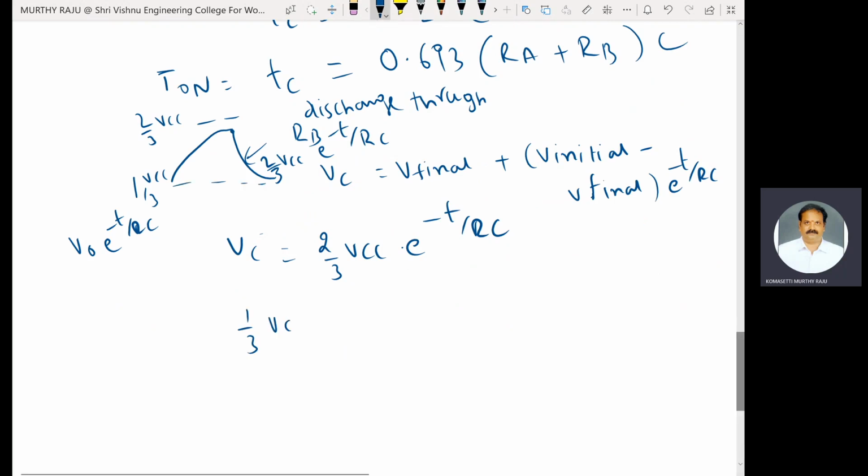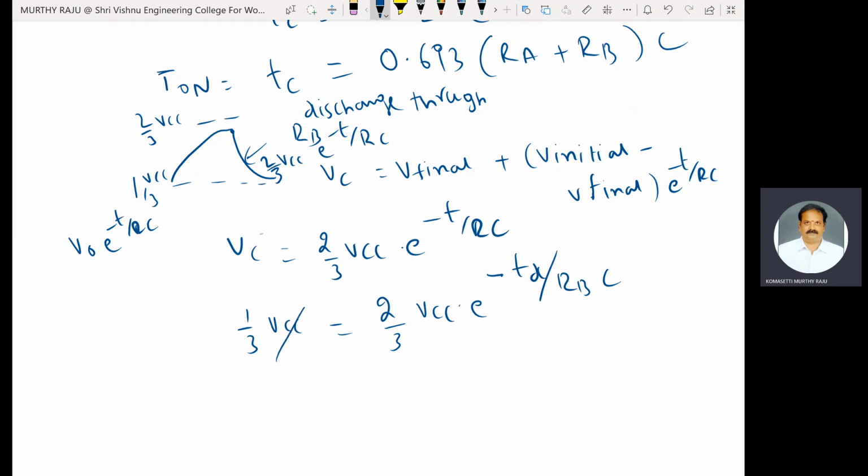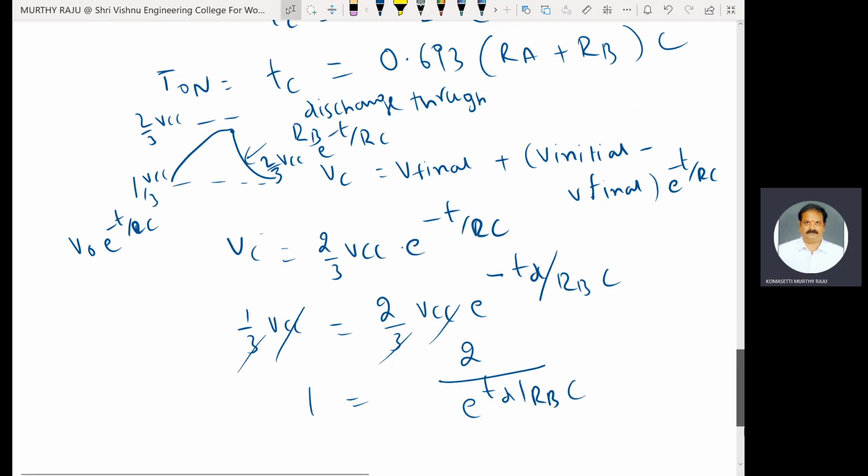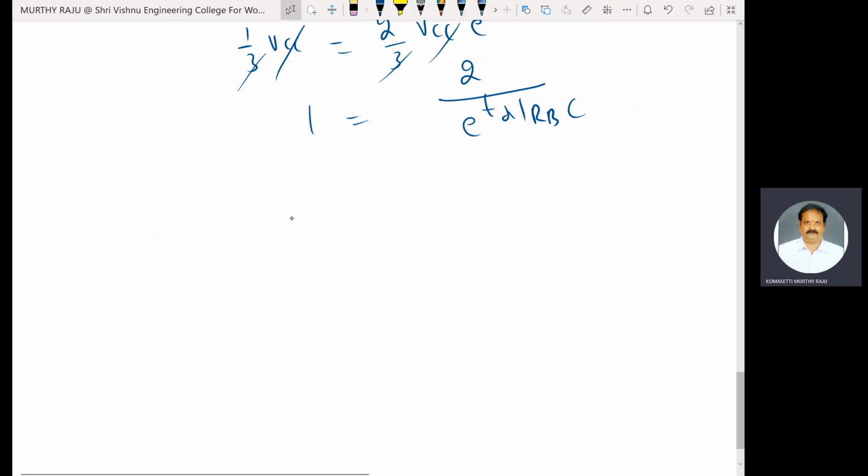1/3 VCC is equal to 2/3 VCC e power minus TD by RB into C. VCC is cancelled, 3 is cancelled. Therefore, 1 is equal to 2 by e power TD by RB into C. So e power TD by RB into C is equal to 2.